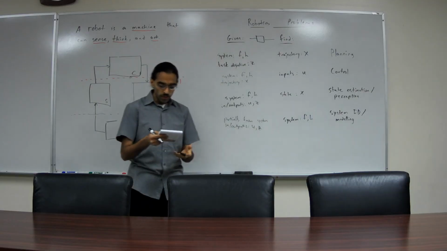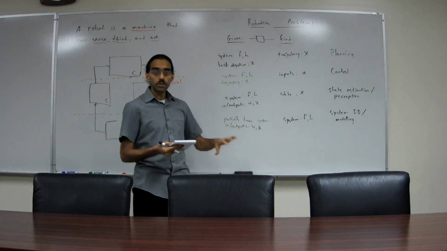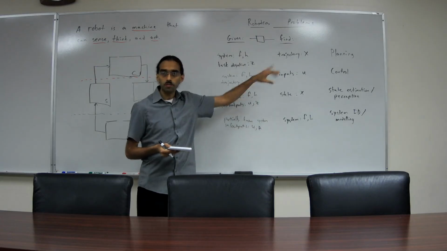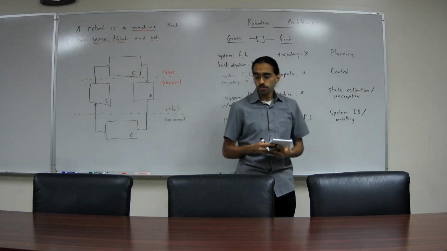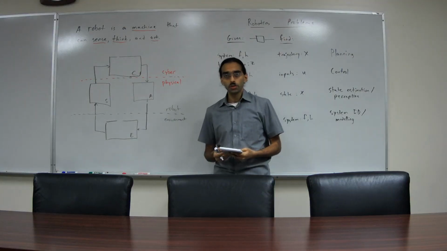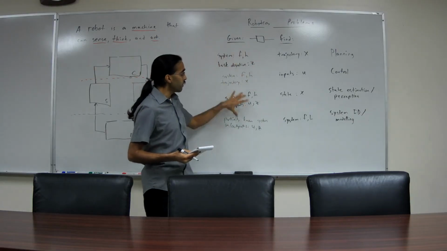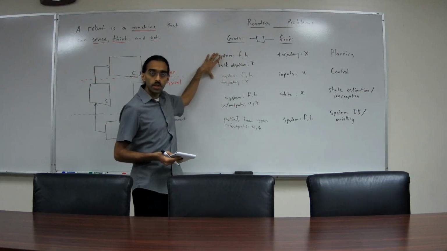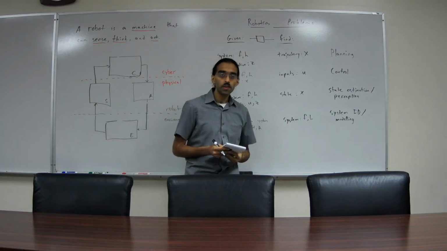Now, there's one final problem that I'd like to bring up, and now we're going into a higher level of abstraction. We have all of these problems. When we have these problems, we're going to want to come up with a solution for them. These are all assuming that the system is fixed. Either it's fixed and we know what it is, or it's fixed and we don't know what it is, but we can find out.